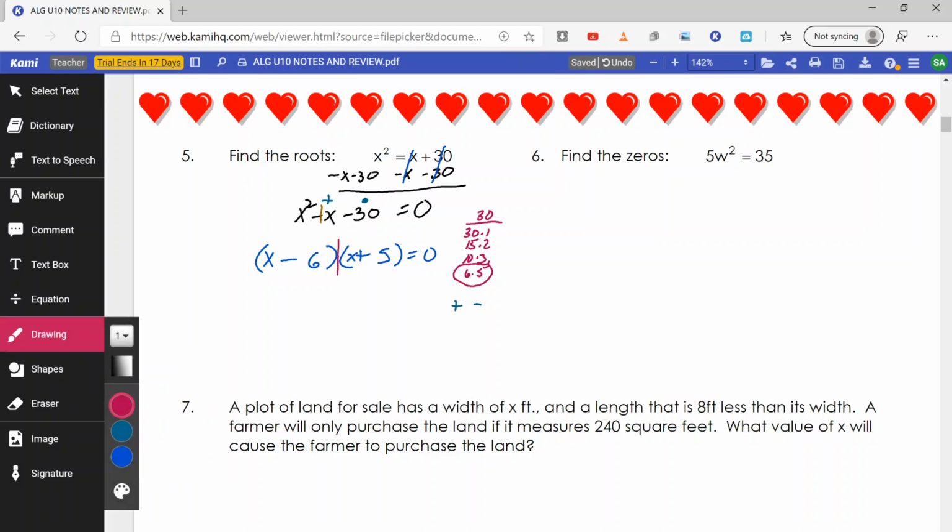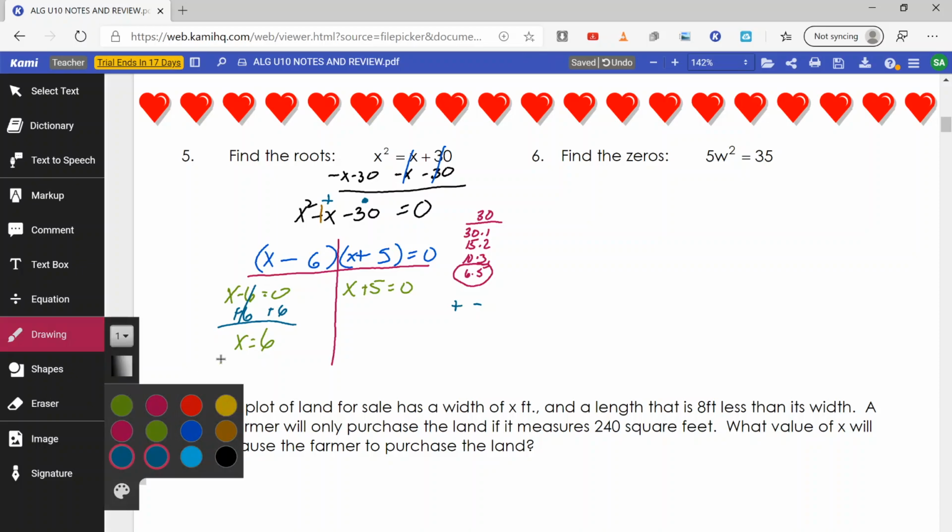From here, we're going to separate it with a t-chart and set each one equal to 0. So x minus 6 equals 0. x plus 5 equals 0. What we do is add 6 here. So it cancels out. x equals 0 plus 6 gives me 6.